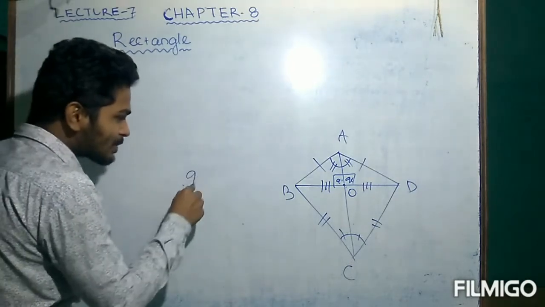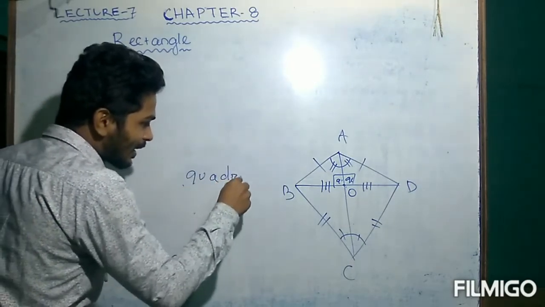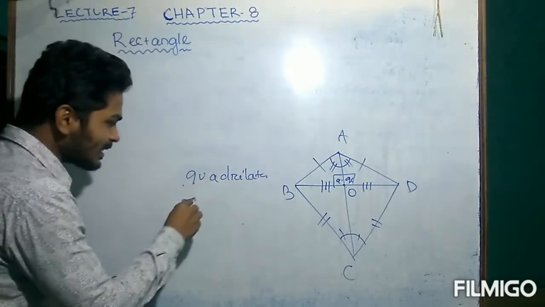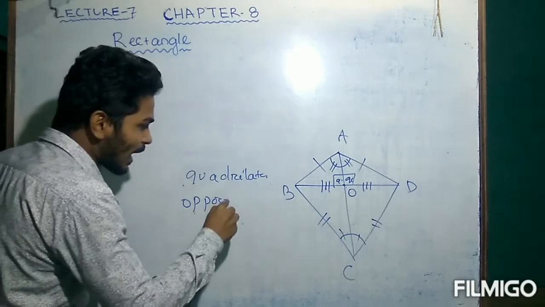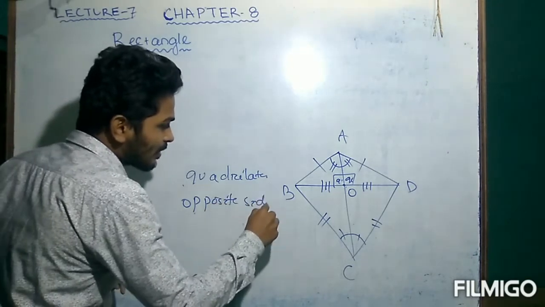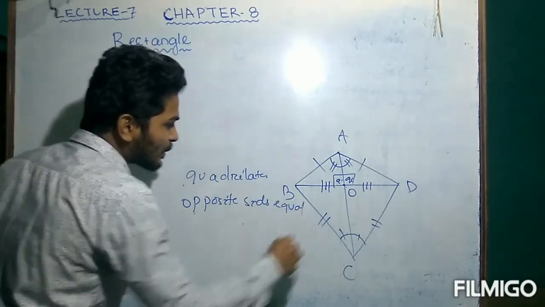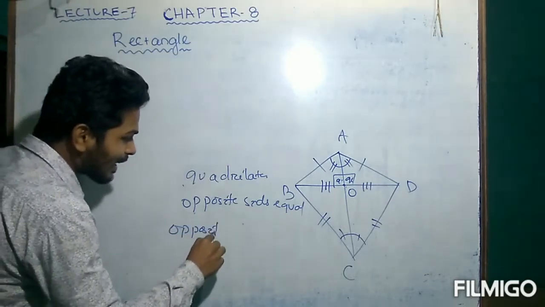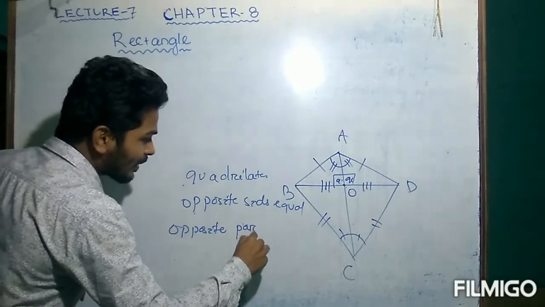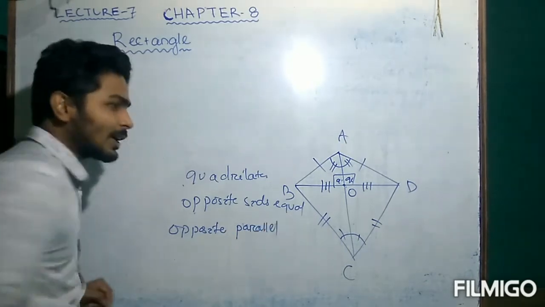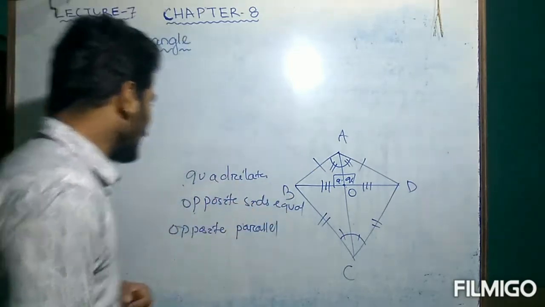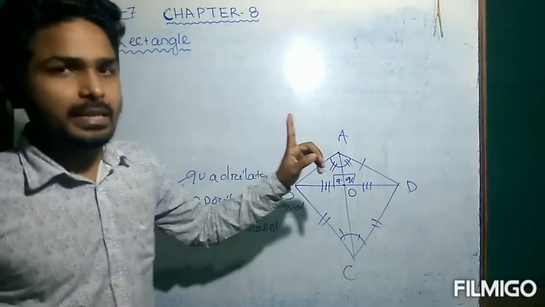First, it must be a quadrilateral. The second property is that opposite sides are equal. The third compulsory property of a parallelogram is that the opposite sides are parallel. But does this kite follow all the three properties? Let's understand. Yes, it is a quadrilateral. It follows the first property.